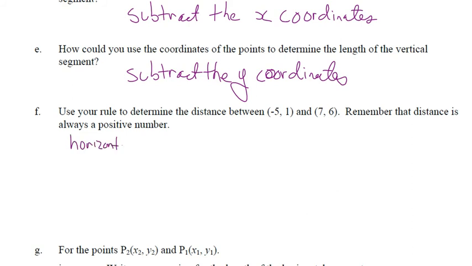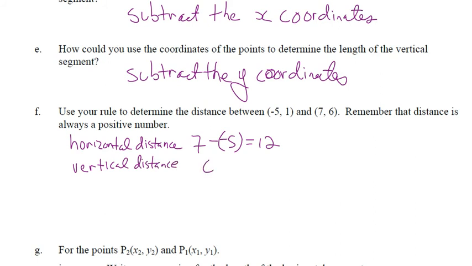Okay, so the horizontal distance is 7 minus 5, which is 12. What's the vertical distance? 6 minus 1, which is 5.